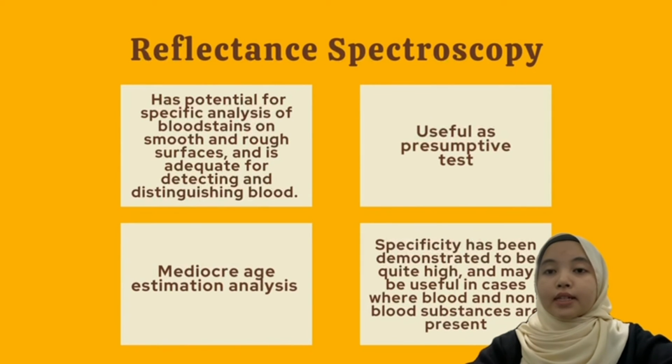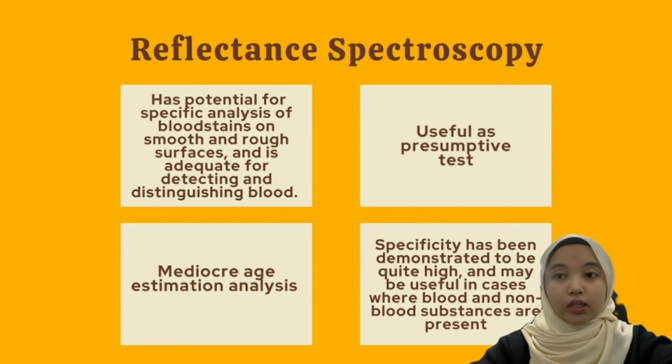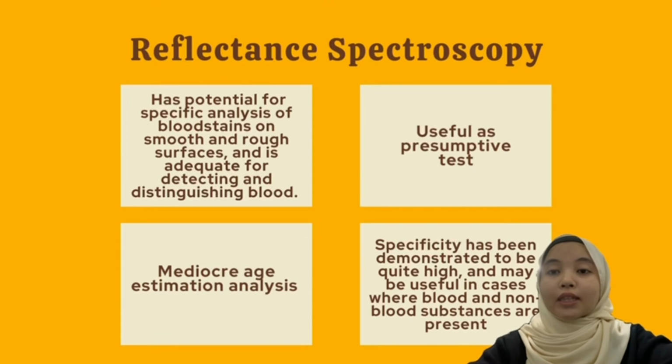On the other hand, recent research into reflectance spectroscopy has been conducted. Reflectance spectroscopy has potential for specific analysis of bloodstains on smooth and raw surfaces, and is adequate for detecting and distinguishing blood. Therefore, this method may be useful as a presumptive test.